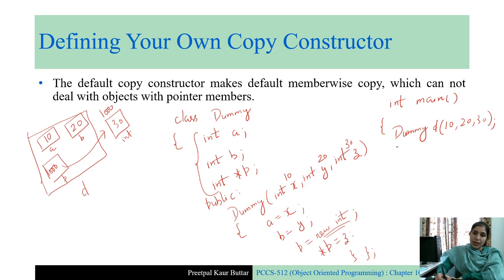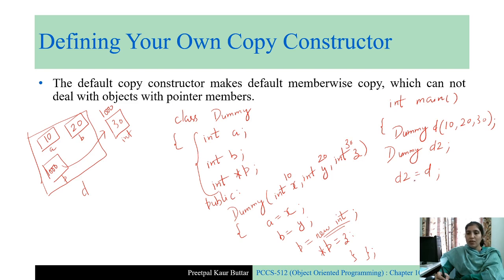Now let us create another object, dummy d2, and d2 is equal to d. Here we are making use of the copy constructor, but we have not created any copy constructor here. It means we are making use of the default copy constructor provided by the compiler. Then what will it do? It will do the element-wise copy or the member-wise copy.